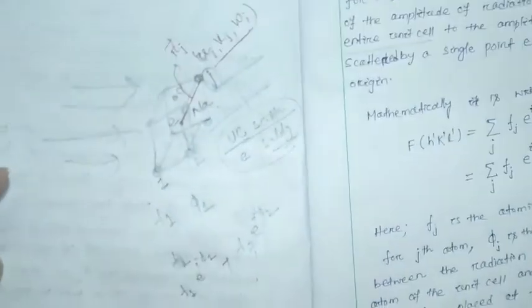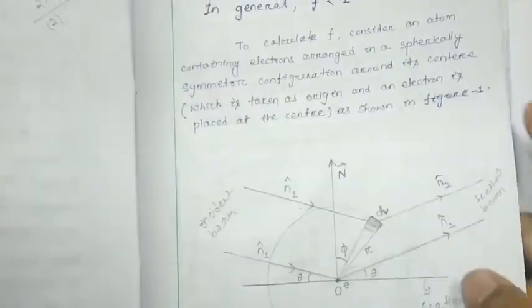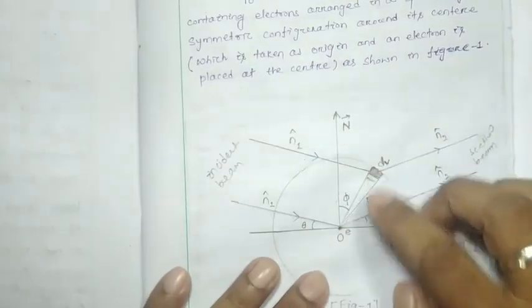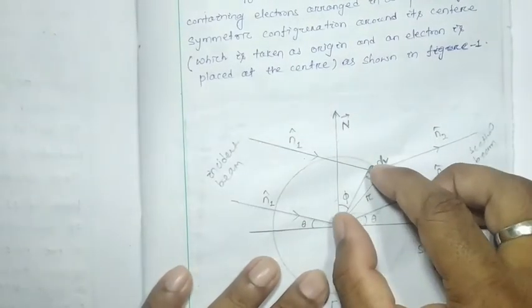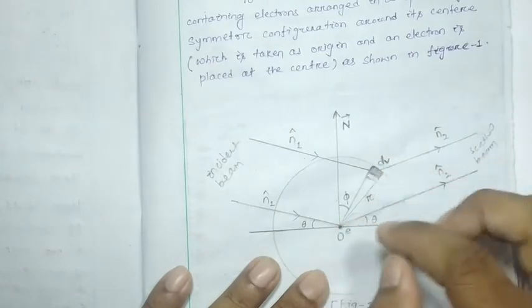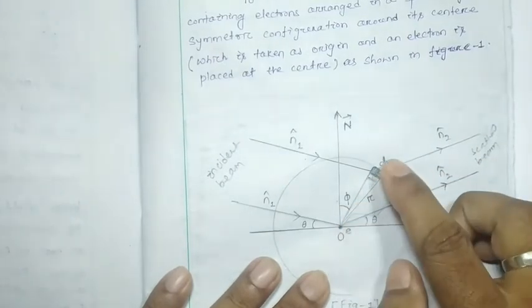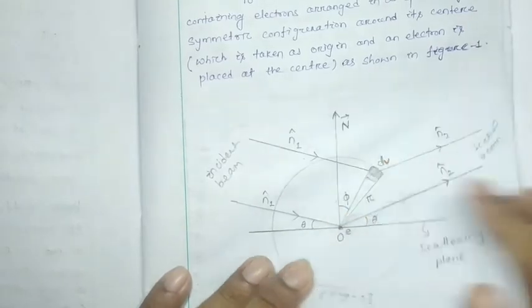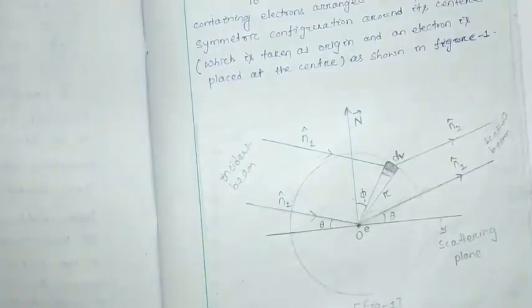Very similar to this, when we considered the atomic scattering factor, this is the electron, this is the charge, and this is the r vector, the distance from the center to the charge. In a very similar way, we also considered the von Laue treatment.